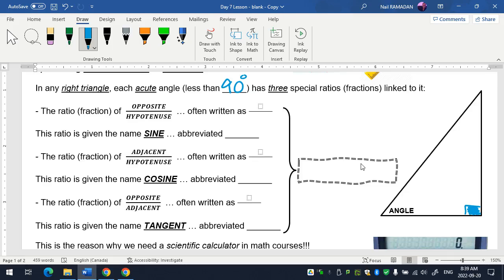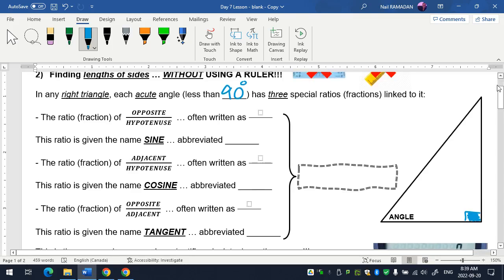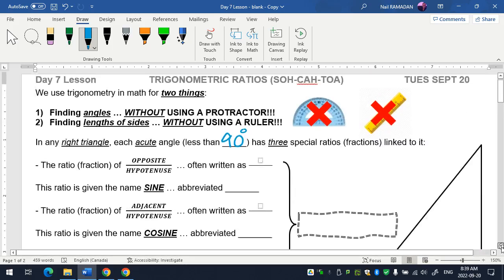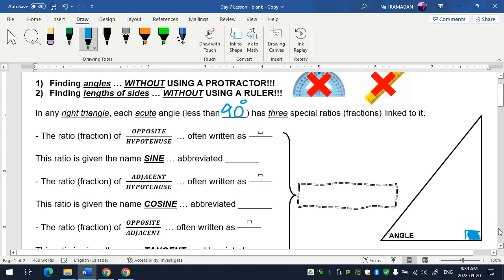So why did I write angle there? Because whenever you have a right angle triangle and you want to apply trigonometry or SOH-CAH-TOA, you have got to choose one of the two acute angles. You cannot just do it without choosing. You always have to indicate to me which acute angle you're focusing on.